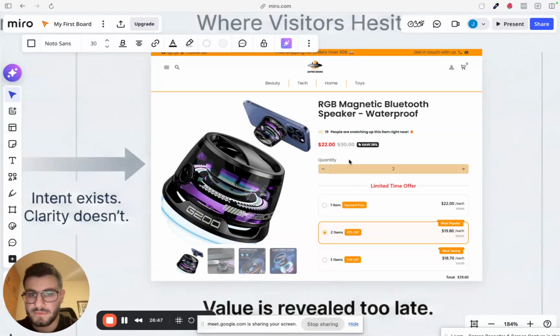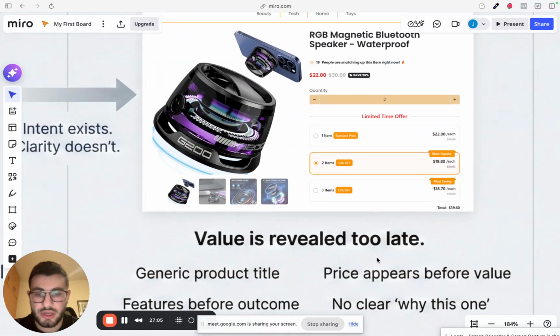So it could be kept. It's not a problem, but I think it should be a bit lower. And here you're trying to capitalize on the AOV, so trying to get a higher AOV, but we need to show more value and then tell them buy more. So yeah.